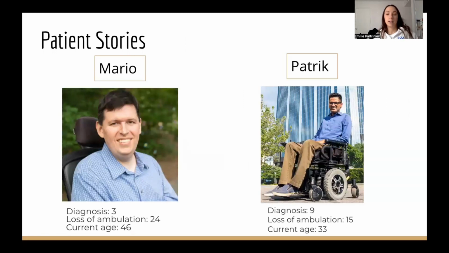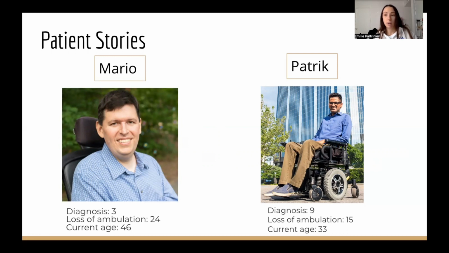To provide more insight on how the phenotype varies among individuals affected by BMD, I wanted to present a few stories given by patients in which they describe their condition. For example, on the left, we have Mario, who is a 46-year-old man currently living with BMD.